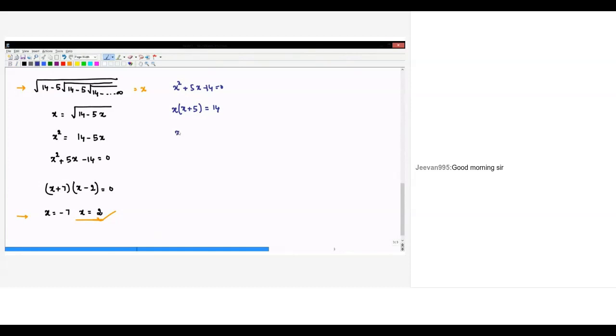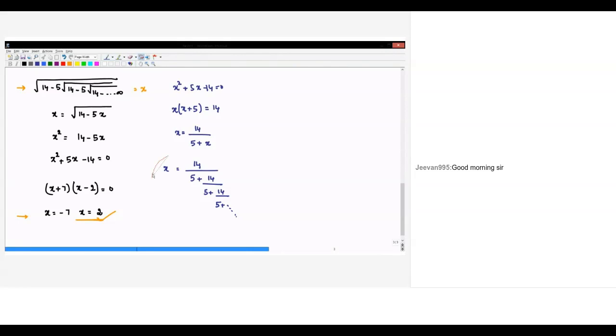Then what does x become? x is 14 by 5 plus x. I can also write it as 14 by 5 plus 14 by 5 plus, and it goes on, right? It goes on literally.